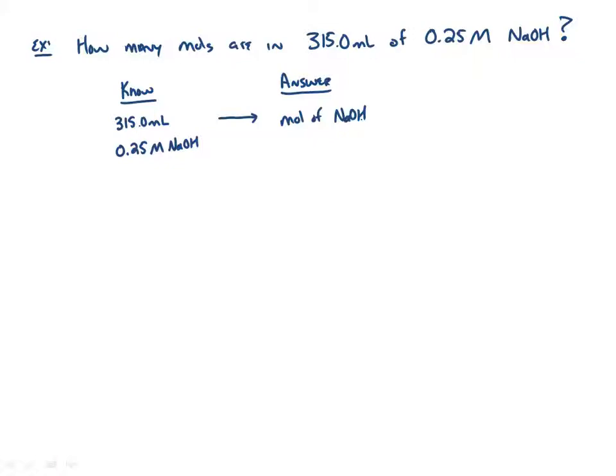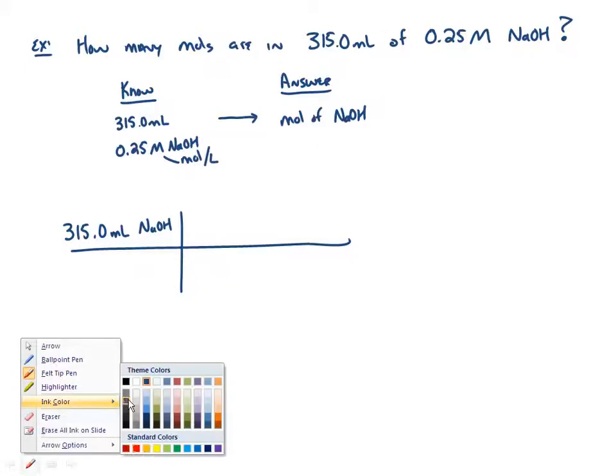I've got to be honest, you can actually start with either one. The way that makes the most sense, I think, is to start with 315 milliliters of solution, and realize that since molarity has units of moles per liter, that really is our conversion factor for this problem.